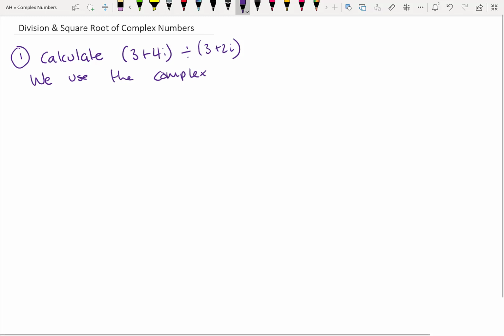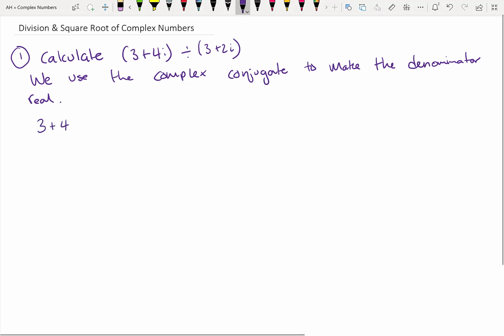the complex conjugate and we're going to use that to make the denominator real. Okay, so we use that to get rid of our imaginary part on the bottom, because when we're looking at this question, what we're really saying is 3 plus 4i over 3 plus 2i.